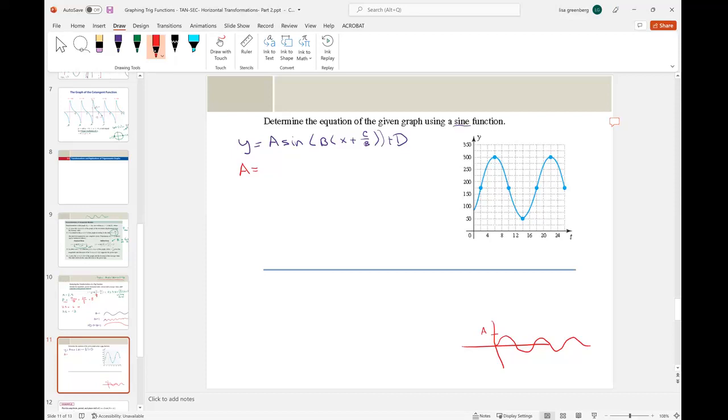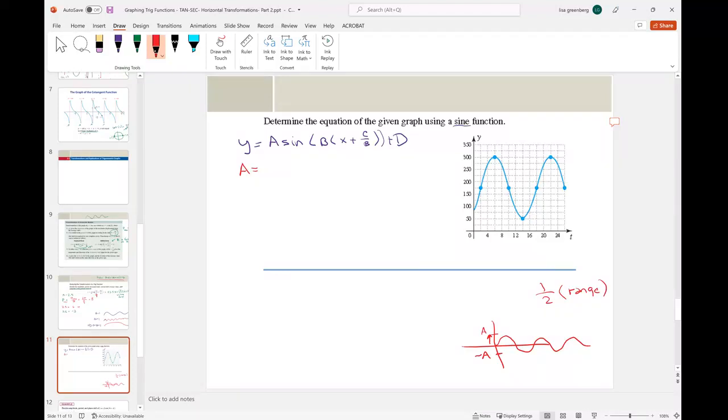There's two ways we could do it. We find our middle, and we can find A because it's just the distance from the middle to the top. Or we can say it's half of the total range.